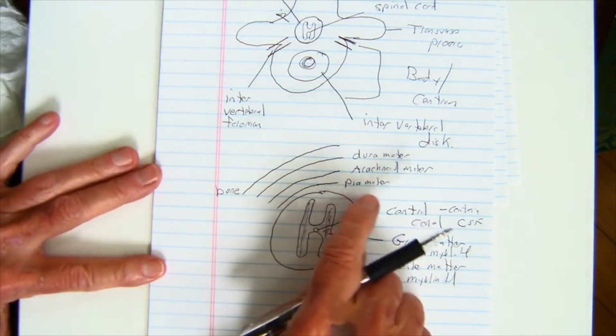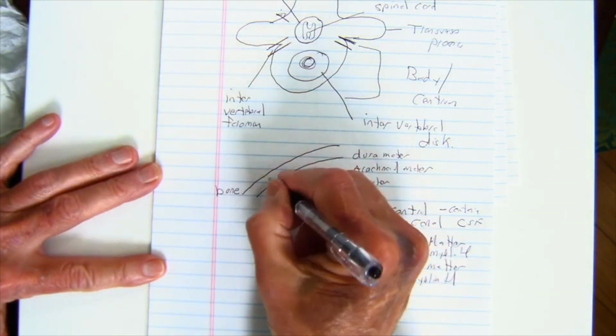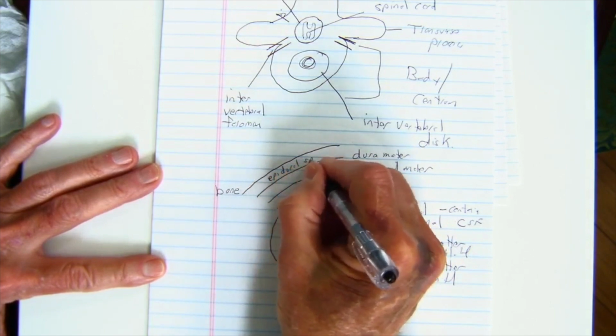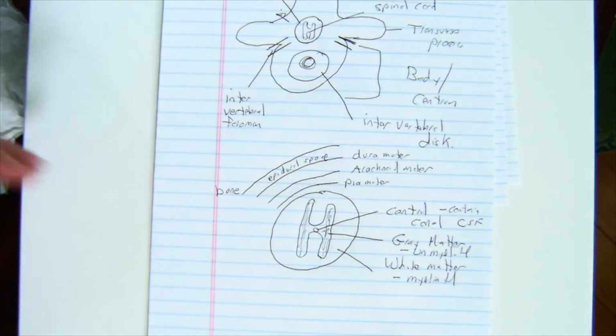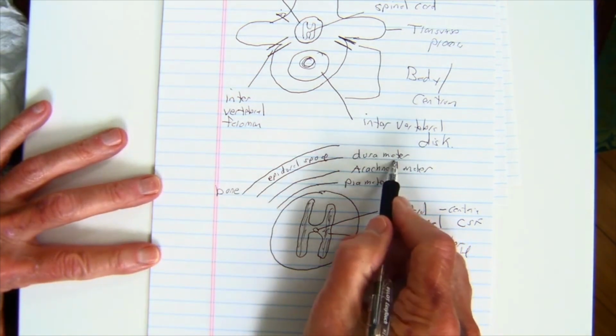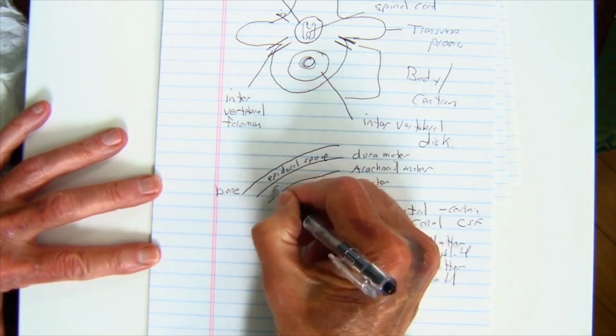If this is the dura mater, this is the epidural space. Therefore, again, a woman has an epidural anesthetic for a delivery of a child. Epidural space is where I'm going to do the anesthetic. If this is the dura mater, then this is going to be the subdural space.